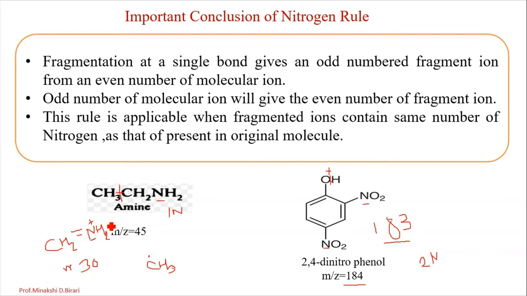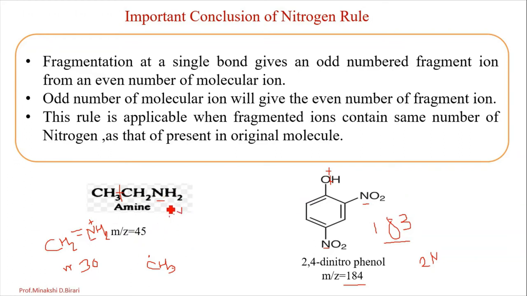Here CH2=NH2 plus has m/z value 30. So in these two examples, whenever fragmentation occurs at a single bond, it gives an odd-numbered fragment ion from an even-numbered molecular ion, and an odd-numbered molecular ion gives an even-numbered fragment ion.